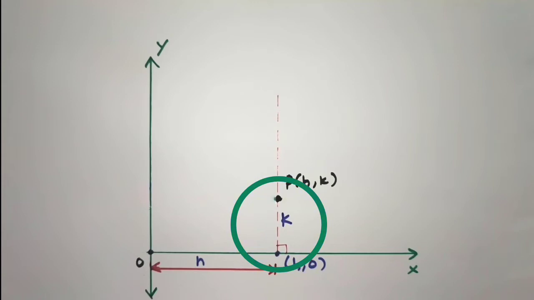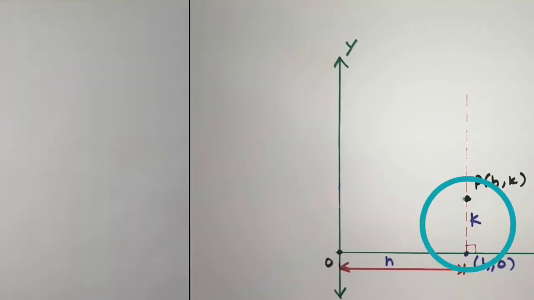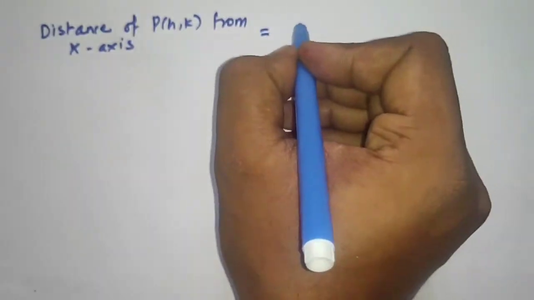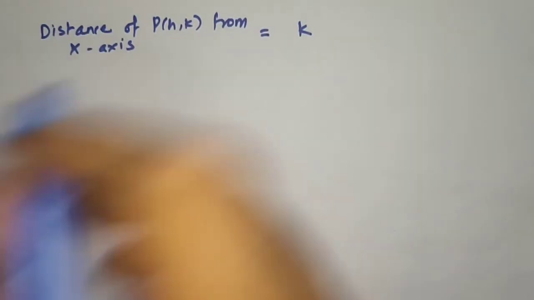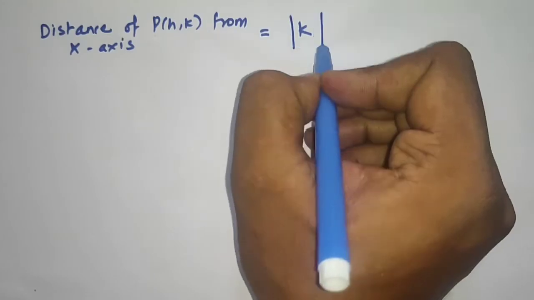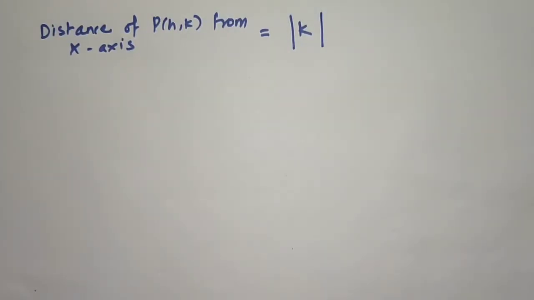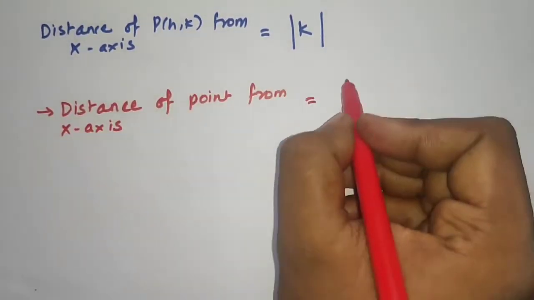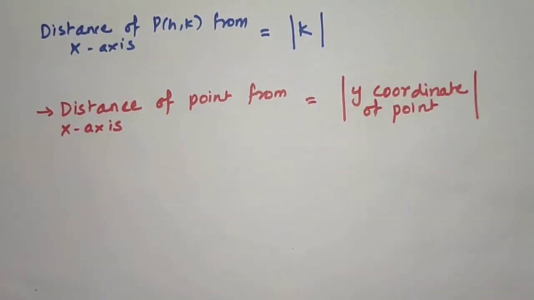This distance is nothing but distance of point from x-axis. So we can say distance of point (h, k) from x-axis equal to k. Since the distance is positive, so a modulus sign. Now, what is k? The y-coordinate of (h, k), right? So we can generalize that distance of a point from x-axis equal to mod of y-coordinate of that point.